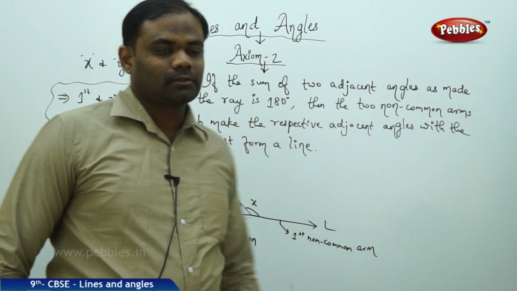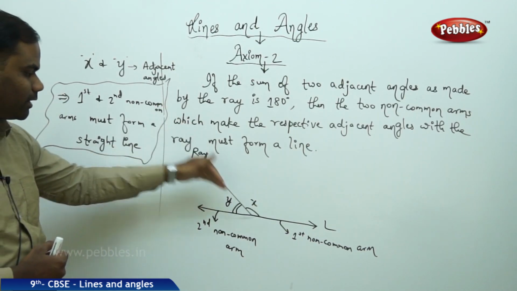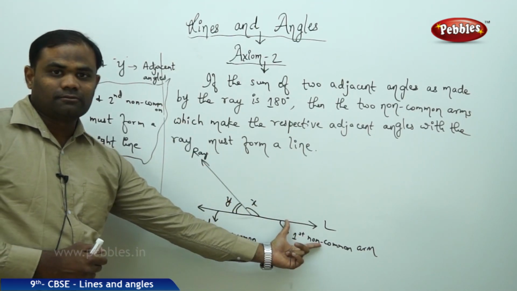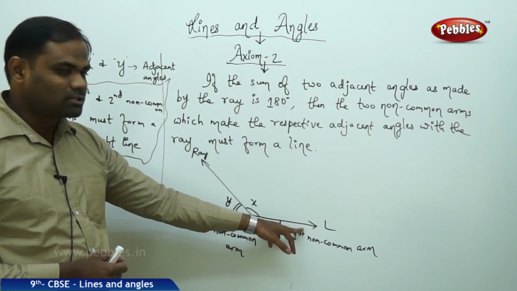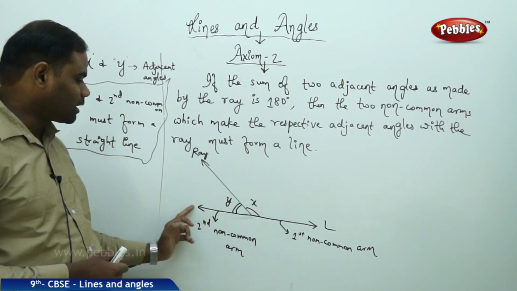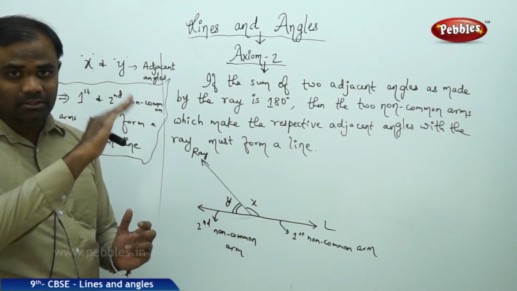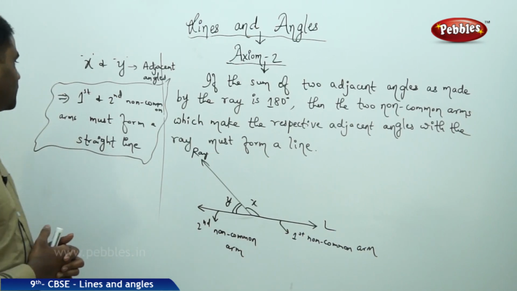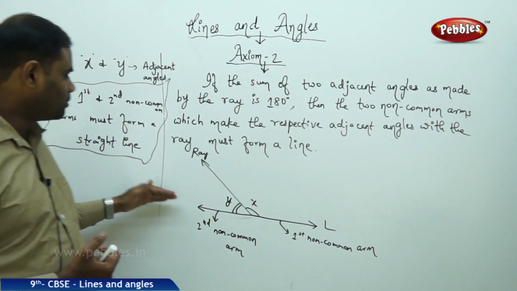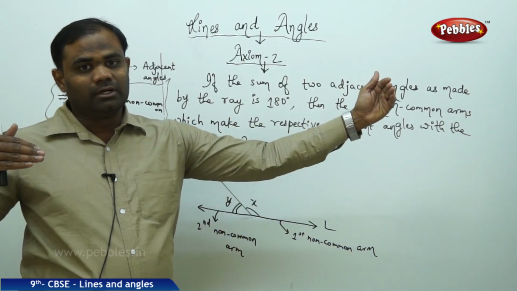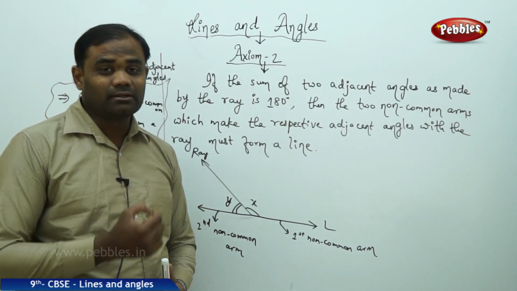Therefore, when x and y are adjacent angles as made by the ray with the two non-common arms, first and second, then this ray making an angle x with the first non-common arm and this ray making an angle y with the second non-common arm, and provided x and y are adjacent beside each other, then axiom number 2 states that the first and second non-common arms must be a straight line. They cannot bend even with a slight angle.